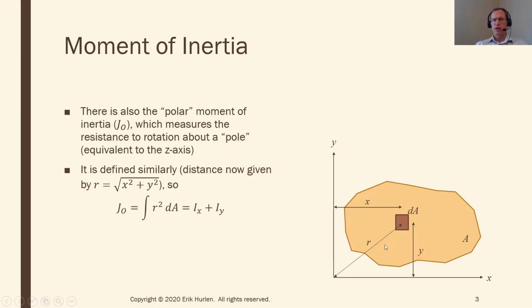And then standard geometry, Pythagorean theorem, r squared is x squared plus y squared. So if you think of it that way, I take the integral of r squared dA as the definition of the polar moment of inertia, but r squared is x squared plus y squared. And so integrating x squared dA gives me Iy. Integrating y squared dA gives me Ix. And so the polar moment of inertia is the same as the two moments of inertia about each axis, Ix and Iy, added together.